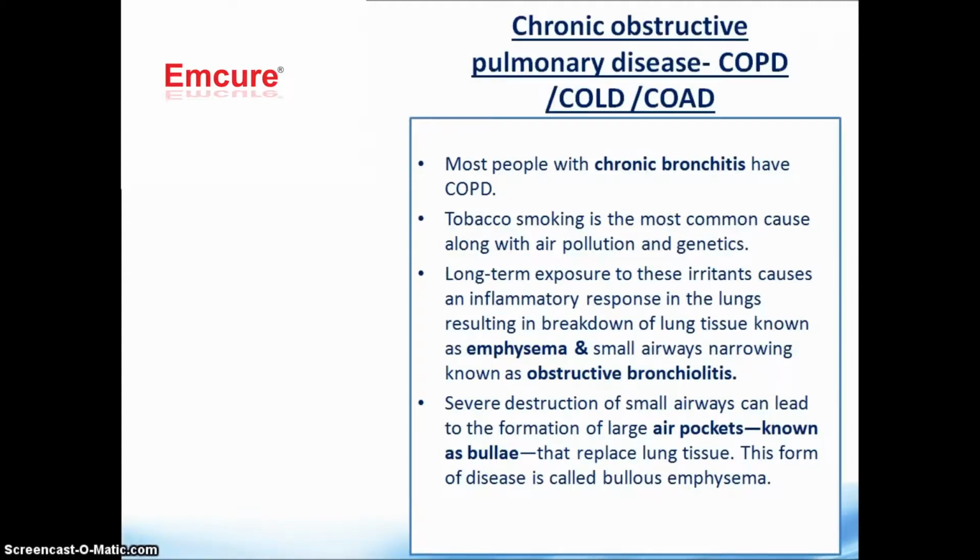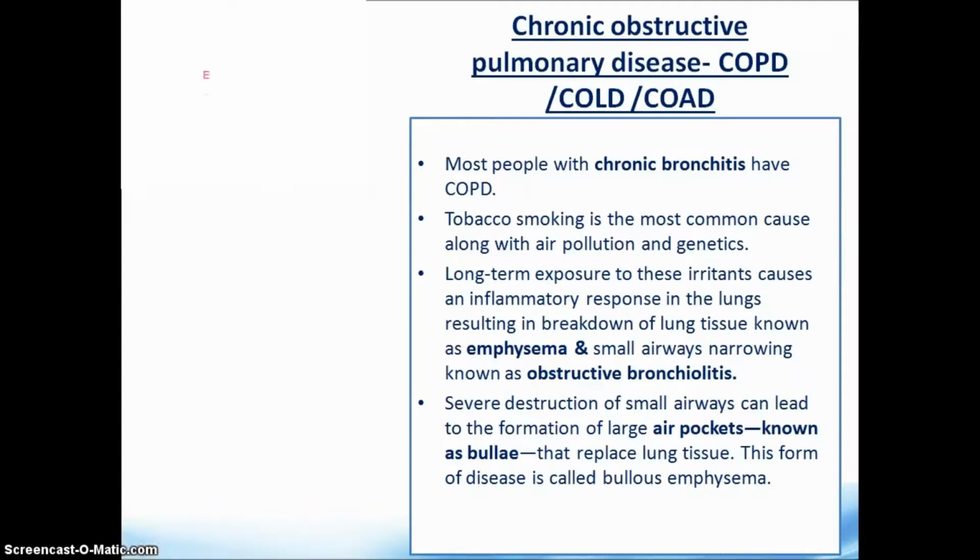So we have limitation of airflow and we have air trapping, where emphysema is actually air cavities inside your lungs, and obstructive bronchiolitis accounts for the limitation of the airflow.